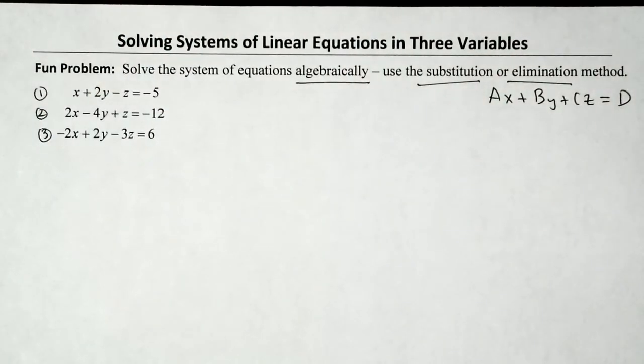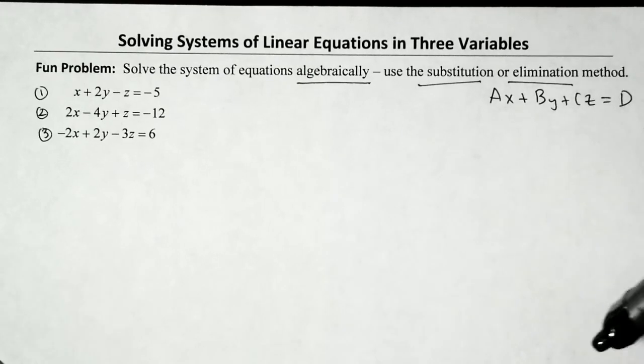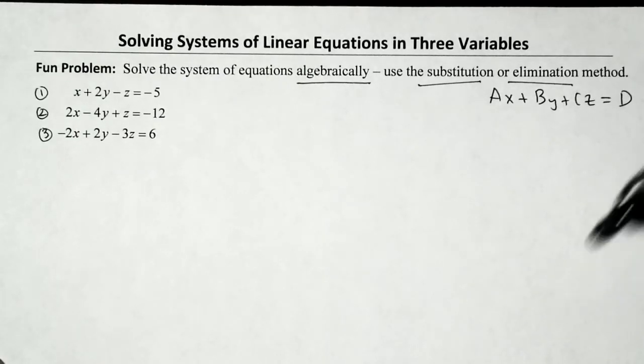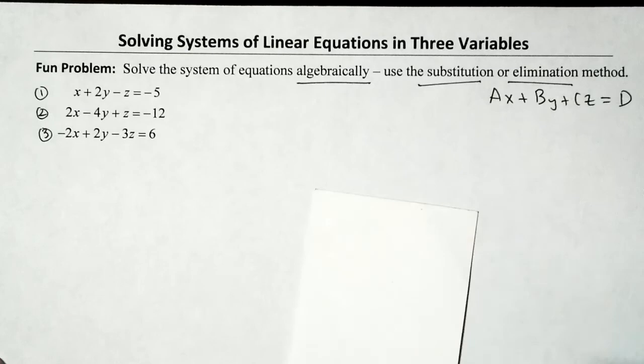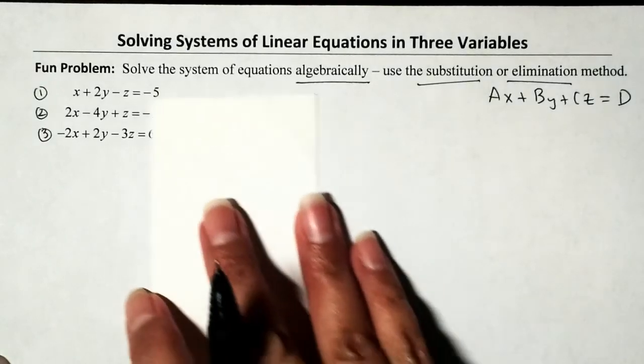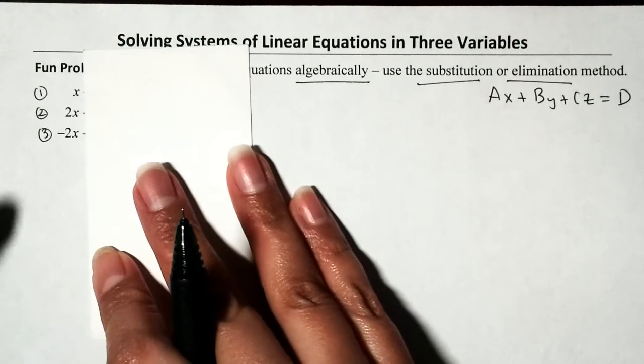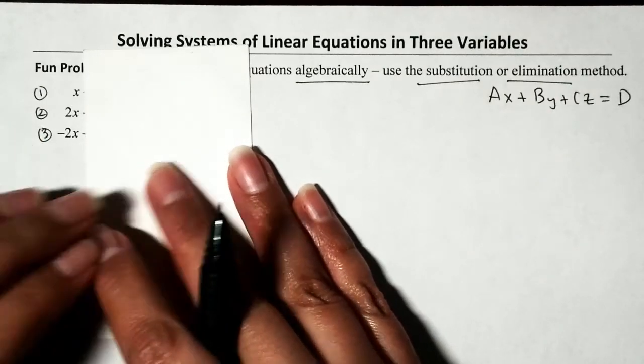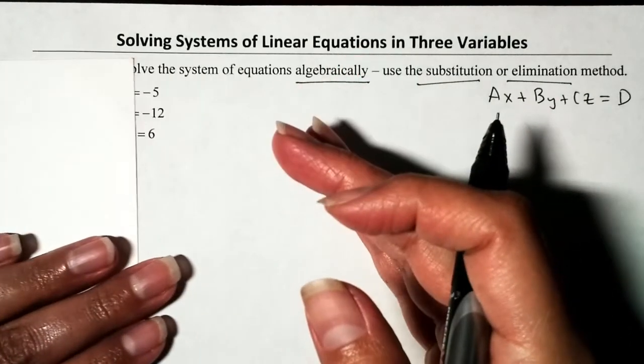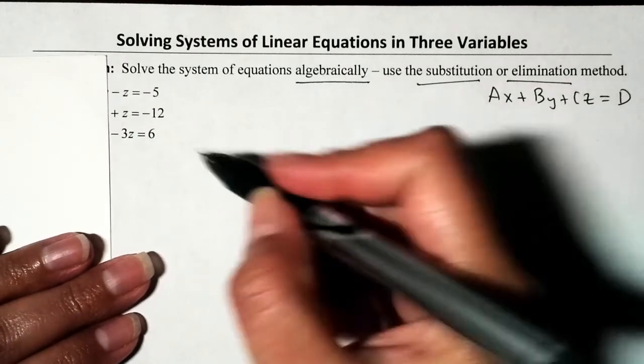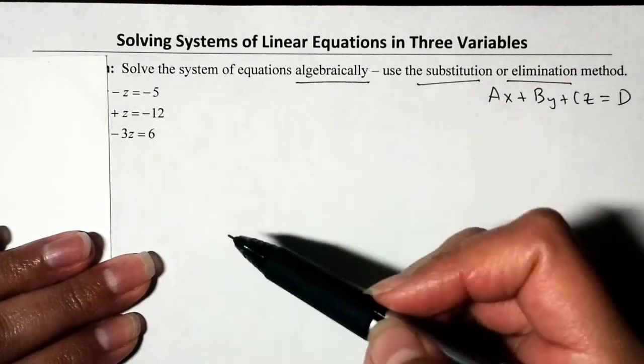And the question is, which one should we pair? It's a personal choice. Which variable should we eliminate? In this case, my eye is being drawn to the x's because these coefficients are already opposite. My eye is also drawn to eliminating the z's because these coefficients are opposite.